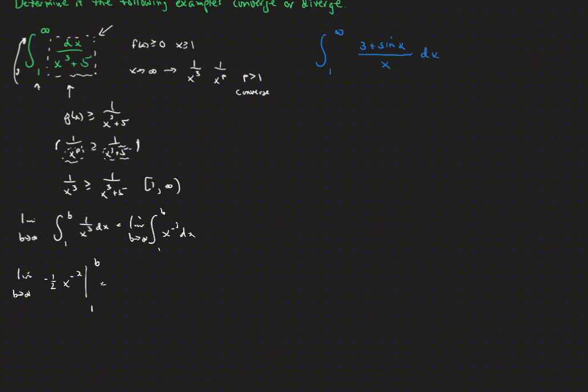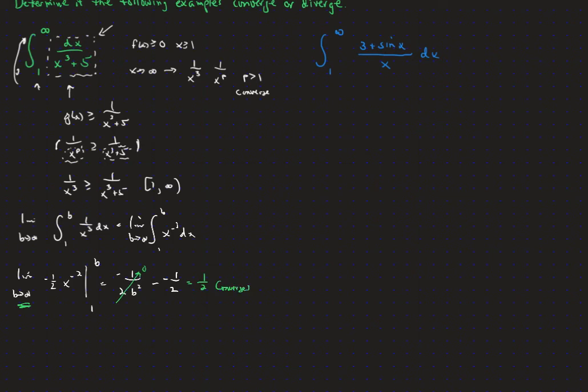So that's going to be negative 1 over 2b squared minus a negative 1 over 2 times 1, so I guess a plus 1/2. As b goes to infinity, this is going to go to 0, which leaves 1/2, which means it converges.